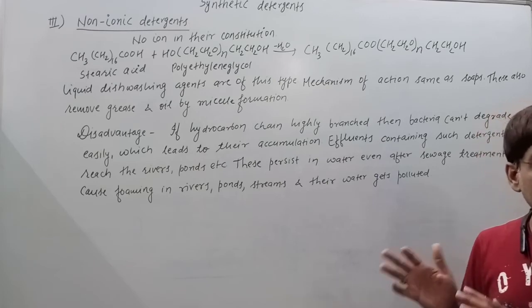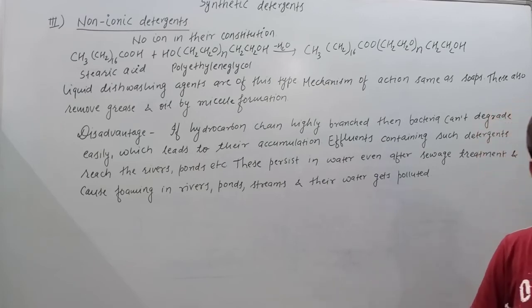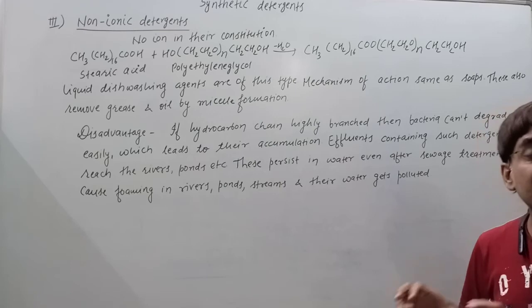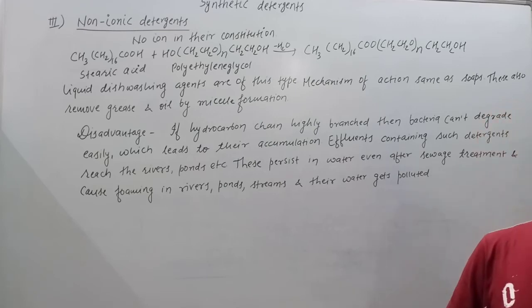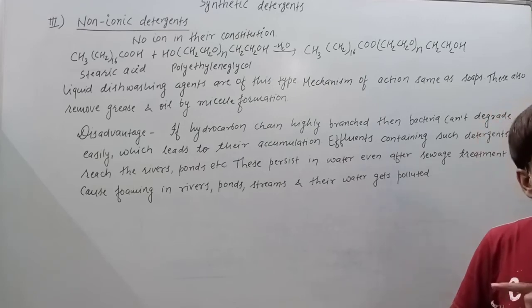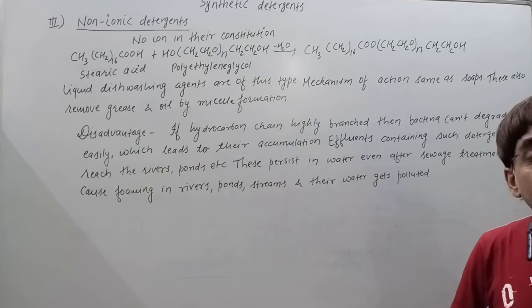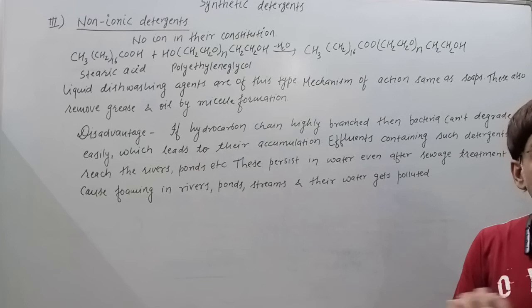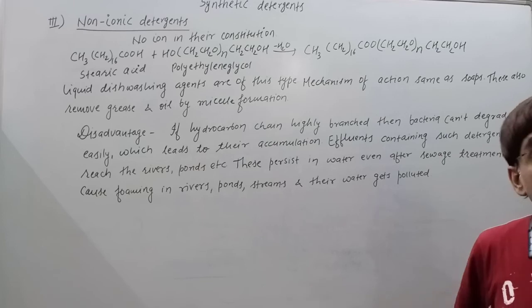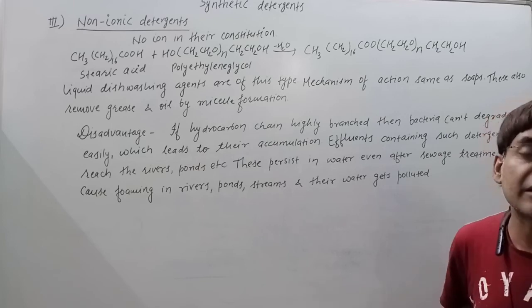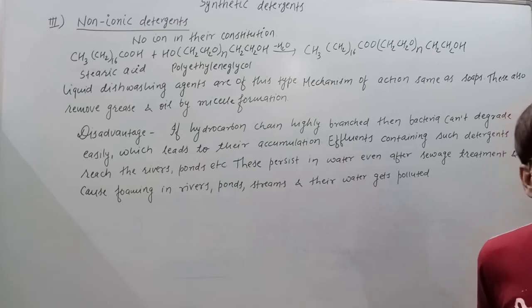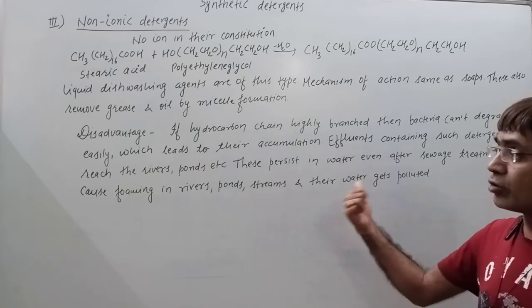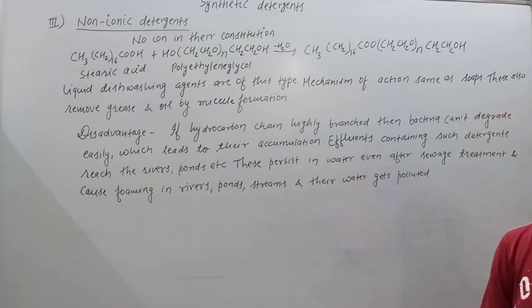And how can this disadvantage be rectified? If during the manufacturing of detergents we use straight chain hydrocarbons rather than branched chain hydrocarbons, then the structure of the detergent will have straight chains, and a straight long hydrocarbon chain can be degraded easily by the bacteria, and hence this problem of water pollution can be controlled.